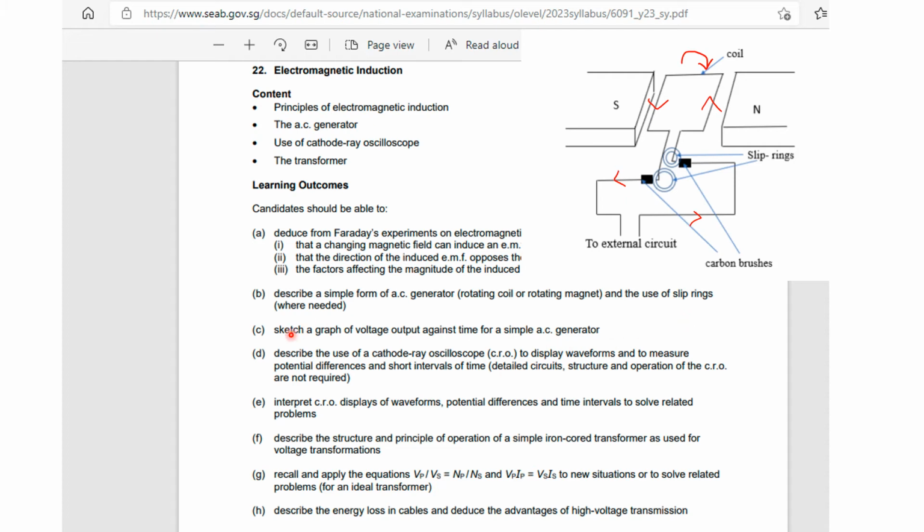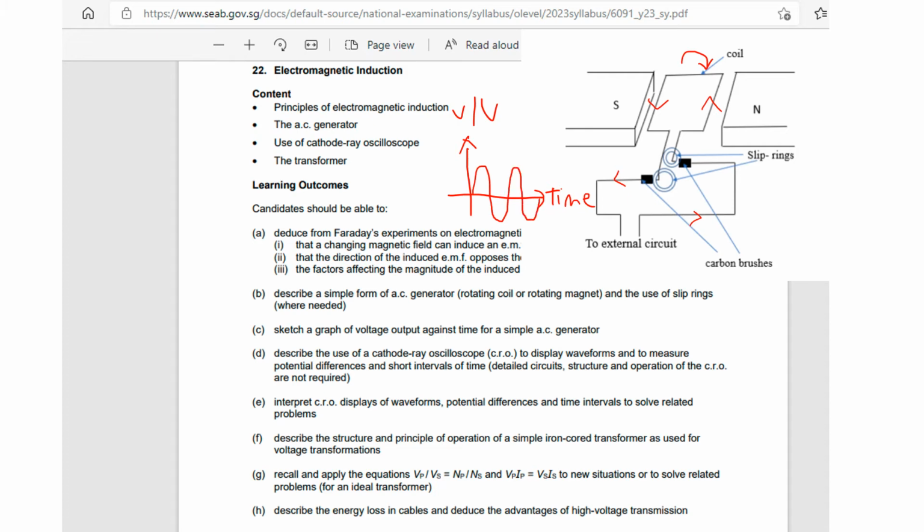Next, you need to be able to sketch a graph of voltage output against time for a simple AC generator. So basically, the voltage output versus time. So this is time and this one is the voltage. How it looks will be something like this.